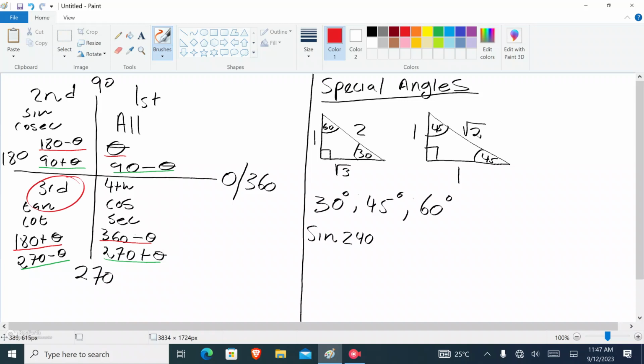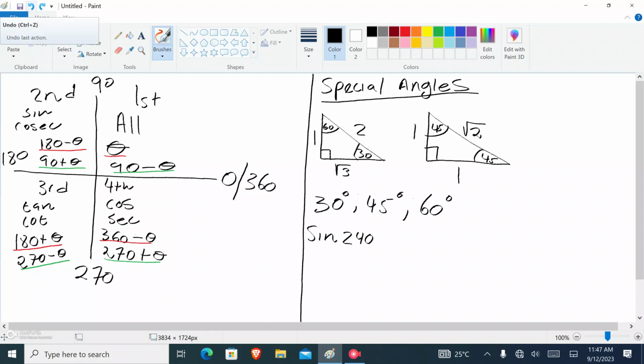Now when you look at how we represent quadrant number 3 on our CAST diagram, we use 180 plus theta or 270 minus theta. So I'm going to do both of them on the side. I'm going to start with the 180 plus theta.